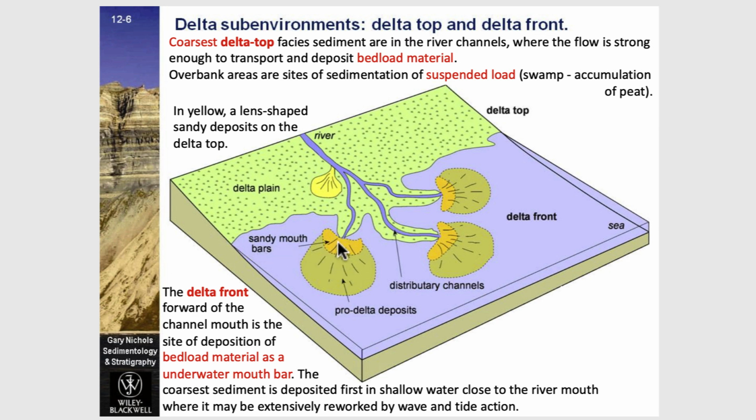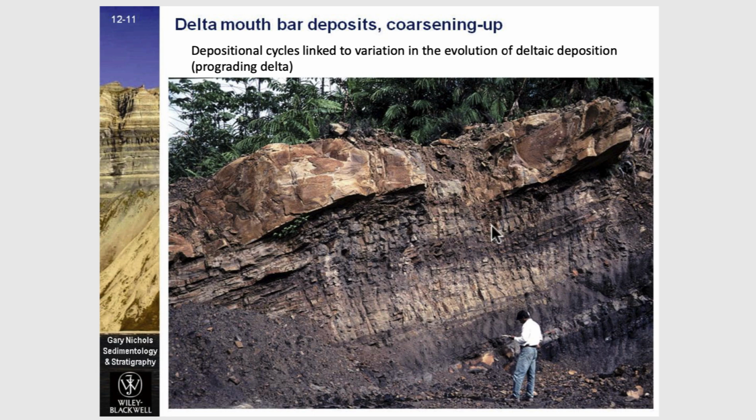But of course these are sort of occurring in different locations, but we find essentially that in a vertical section these two accumulations are together, which is a good indication that the prograding aspect of the delta led to a change in the deposition of sediments, getting a coarsening-up sequence.